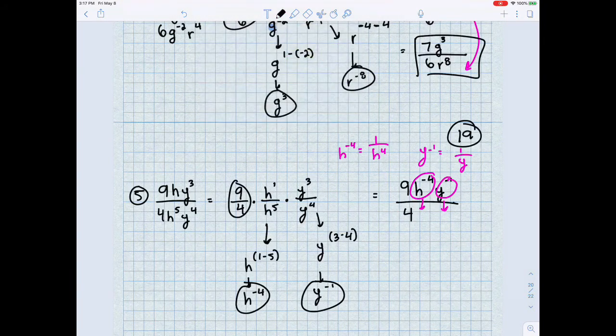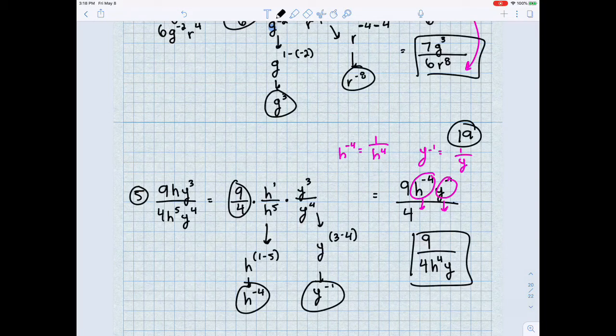My answer is no longer that, but now we have 4. We dropped the h to the 4th power, or we flipped it, so now it's 4 times h to the 4th power, and then we dropped the y as well, and there we go. That's our final answer.